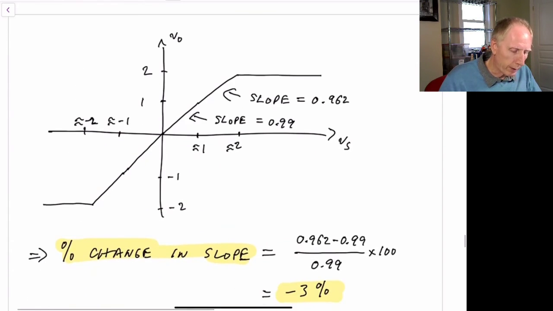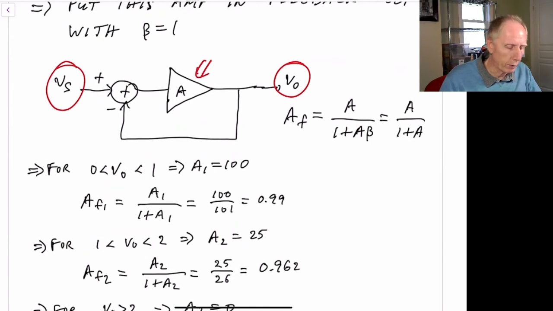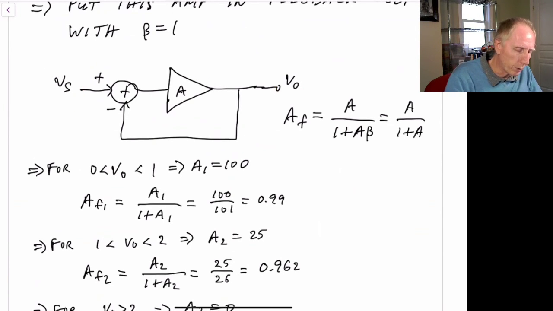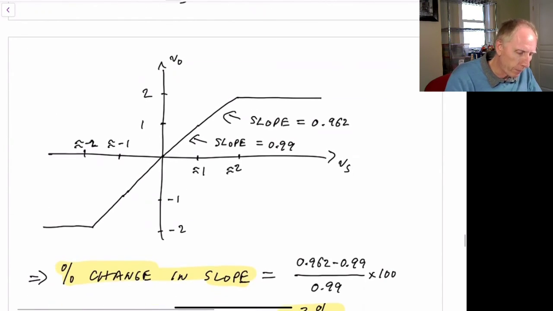So what happens if you look now at the input-output relationship with that amplifier that we just showed, having this transfer curve up here and inserted into this block, and we plot the input-output transfer curve from Vs to Vout? We get a curve that will look something like this, where in this region, between plus and minus 1, the slope is equal to 0.99.